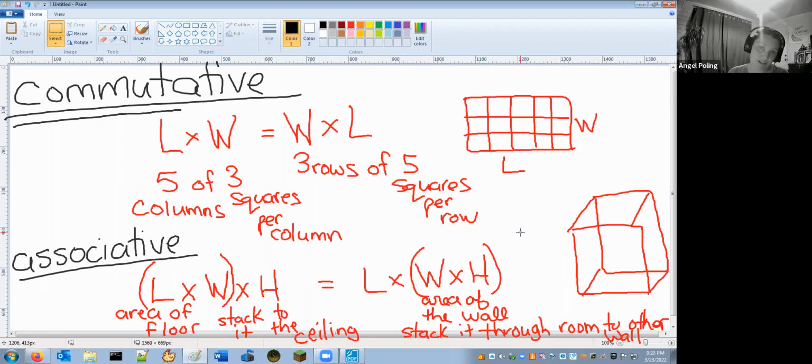Well, here factors, right? So we want to find the product of L and W first versus finding the product of H and W first.